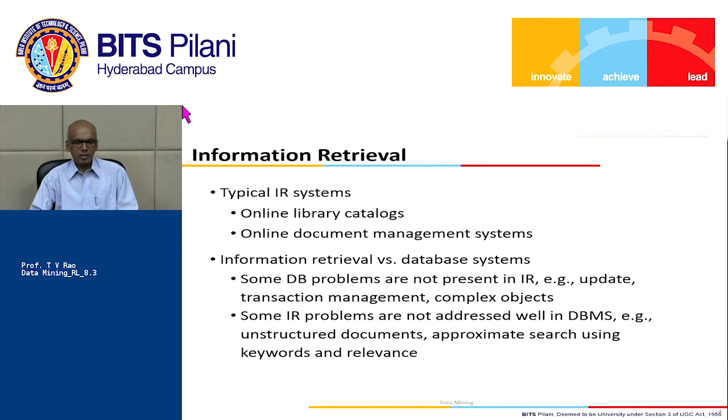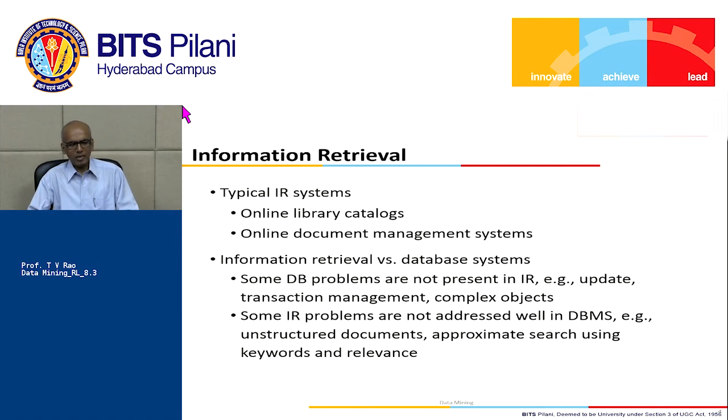Text mining or information retrieval is different in the sense that here we are not concerned so much about the problems of transaction management and how the updates are happening, which is present in regular transactional databases used for business purposes. Here we need to work with a different set of challenges, such as data which is hardly structured.